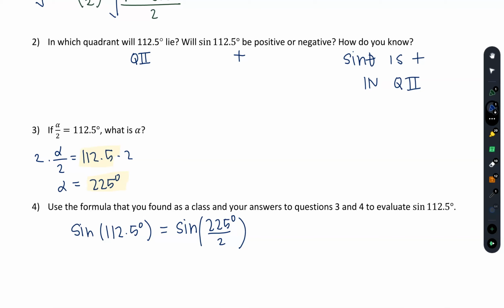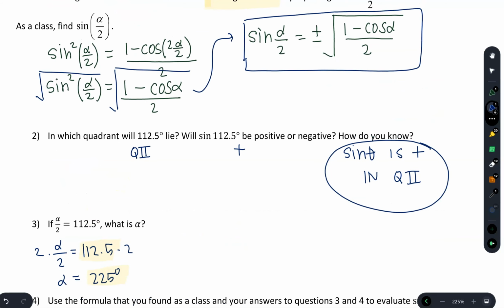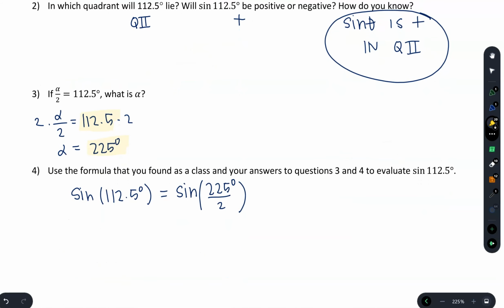And I know that sine is going to be positive in quadrant 2. So I'm going to choose the positive value outside of that square root. I will not choose the negative, I will choose the positive. So I will say that sine of 225 divided by 2 is the same thing as sine of 112.5.